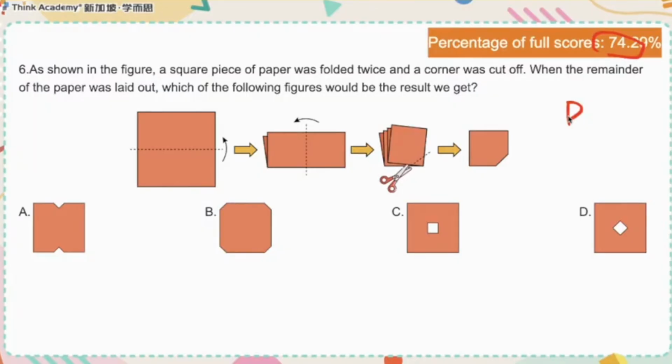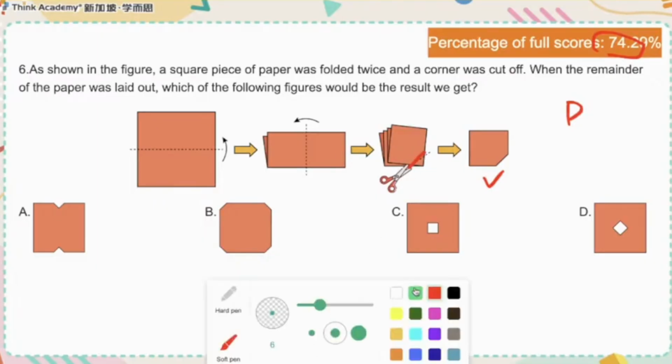Okay, so everyone, let's take a look. As for this question, we can just use a paper to help you imagine. But someone may say, oh, Teacher Jane, can I really tear my own paper during my test? Can never, right? Then how should we do it? We can just do it inversely. Just now, we already know the last step is here, right? And then, everyone, we can see we cut a corner here.